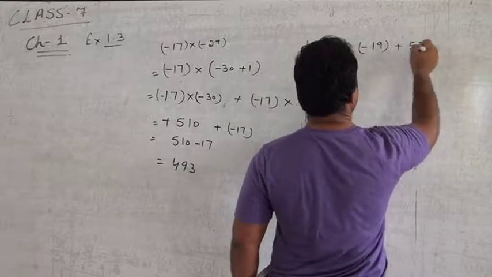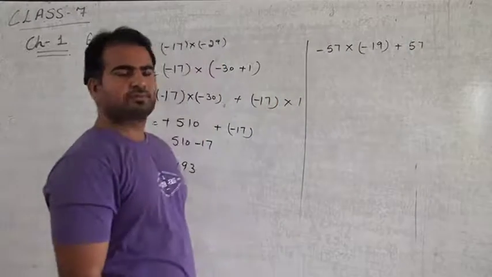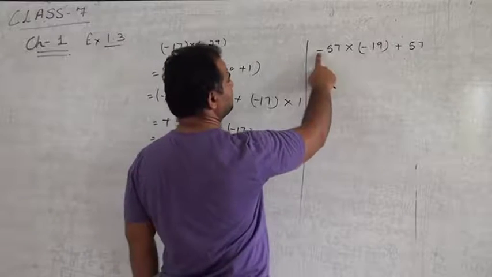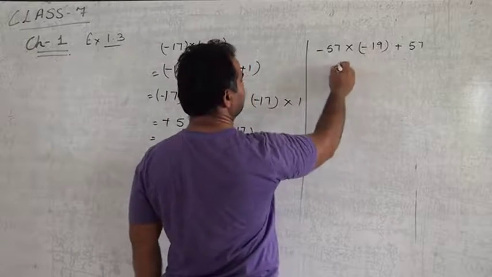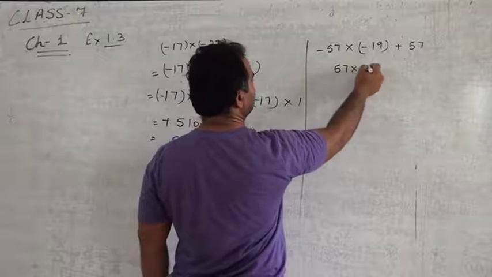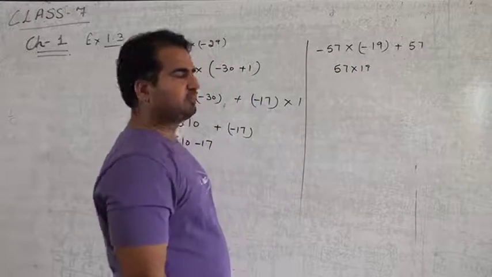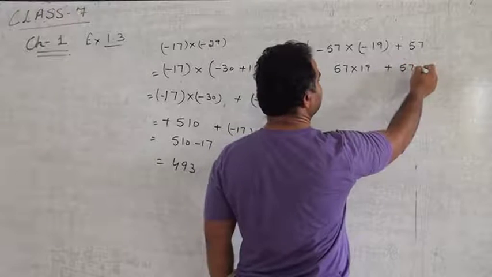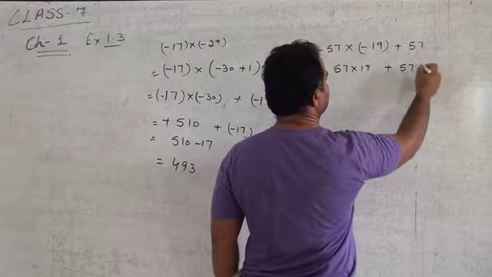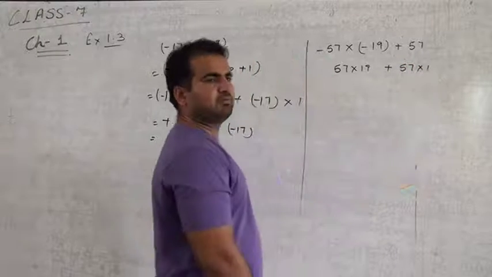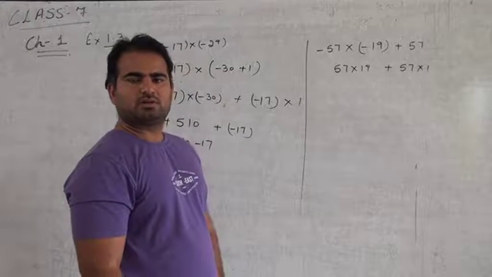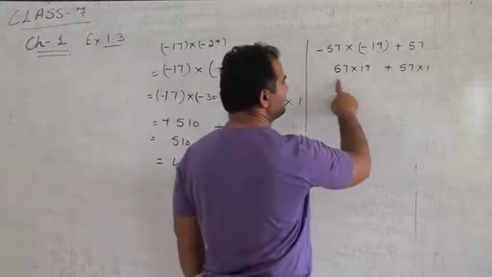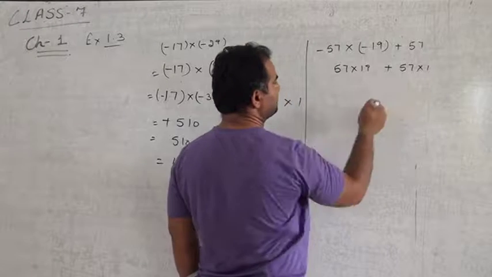What we can say is that it is of minus nature, this is also minus nature. We can write it as 57 into 19 because minus into minus will be positive. And for the 57, we can write 57 into 1. Is it correct? Yes.